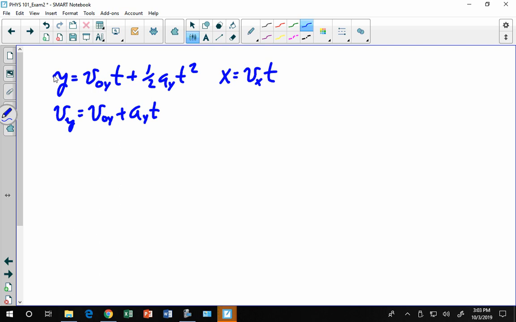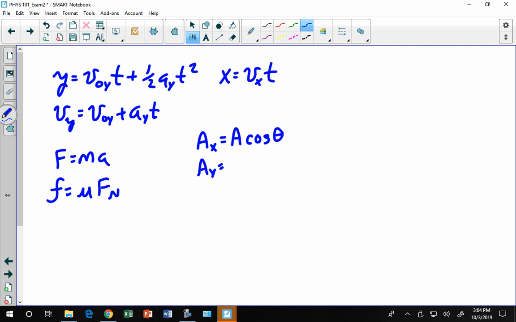Then we have F equals MA. We have our frictional force is mu times Fn. That's really it, unless you want to think about the trig stuff as equations, which you might. And so I could throw in a couple of additional ones: the x component of a vector is A cosine theta. The y component of a vector is A sine theta.